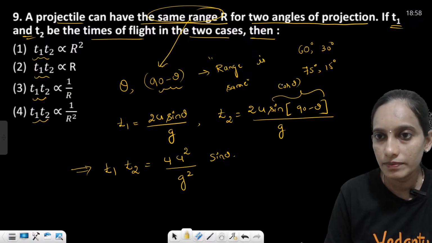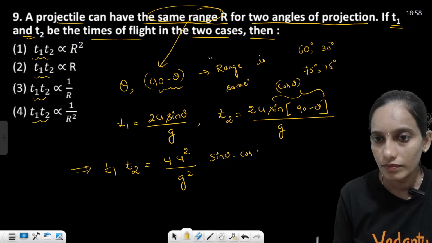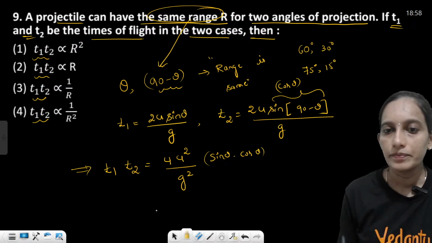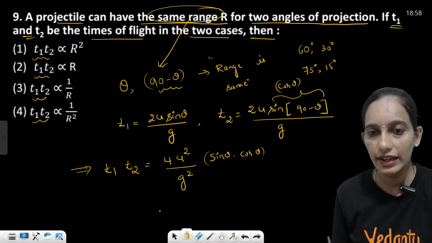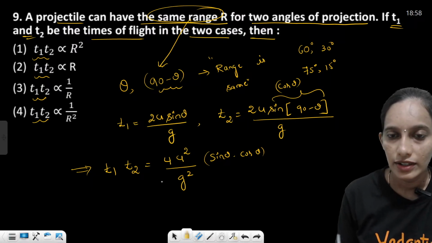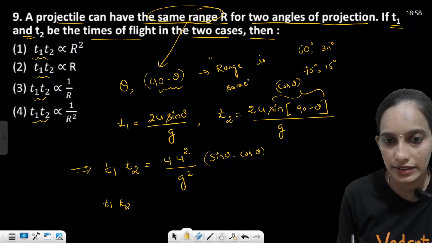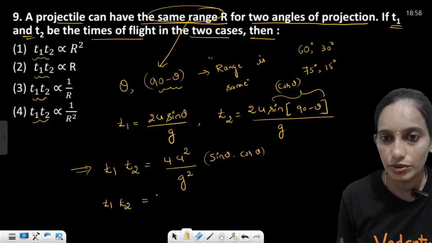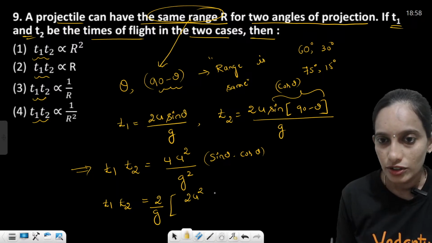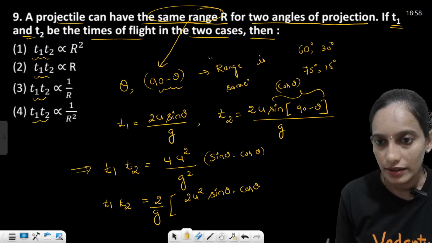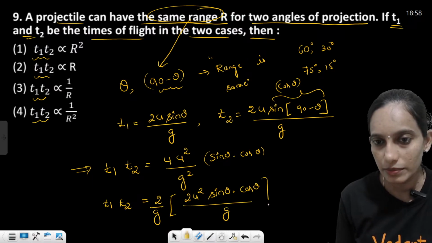So what do we get? 4u square by g square, sin theta into sin(90 minus theta), which is cos theta. This can be rearranged: I can rewrite t1 into t2 as 2 by g, which I'll write outside for a reason, times the remaining terms, 2u square sin theta cos theta divided by g.